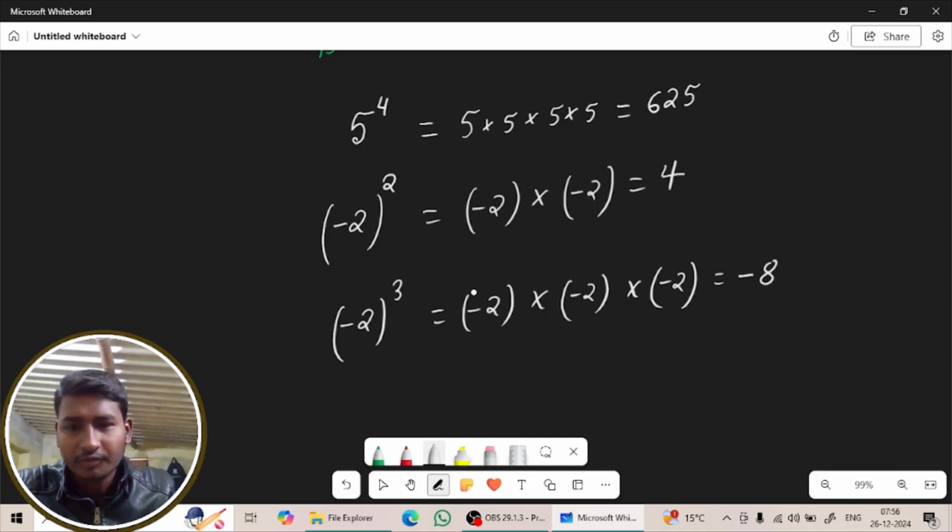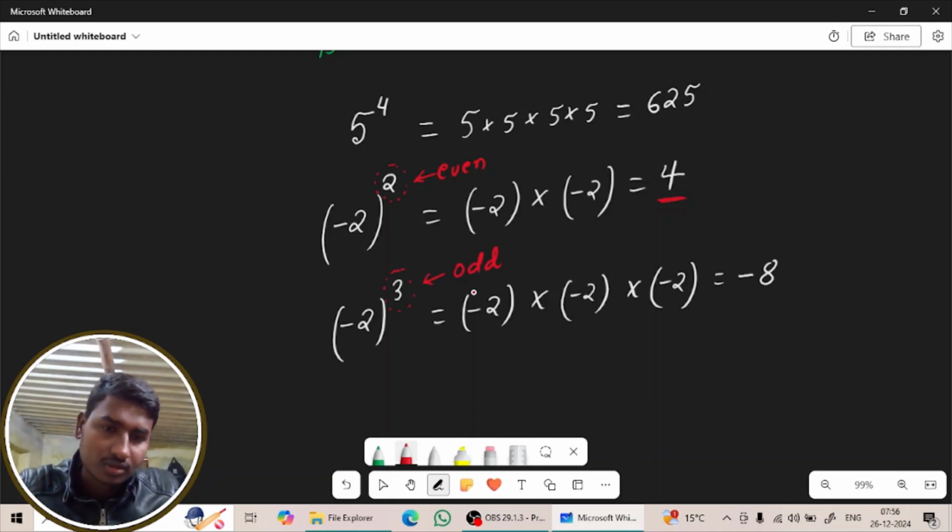So from here we can conclude that if a negative number has an even power, that will give you a positive value, and if a negative number has an odd power or odd exponent, that will give you a negative value. Okay, so this is positive and this one is negative.